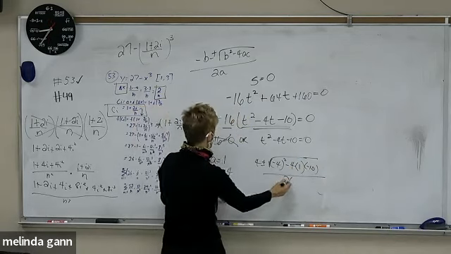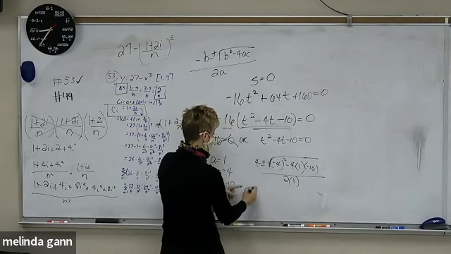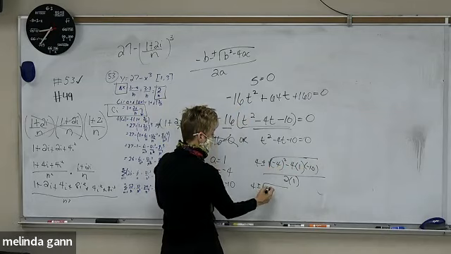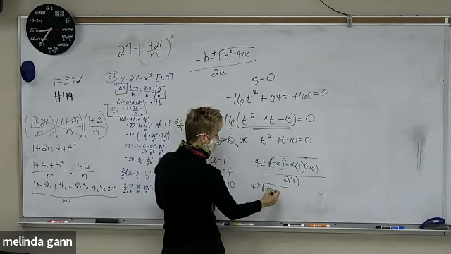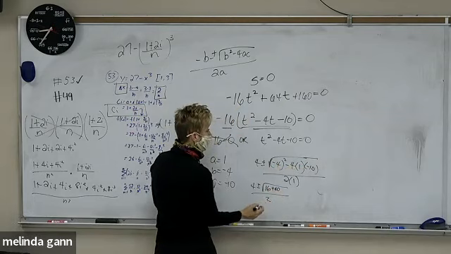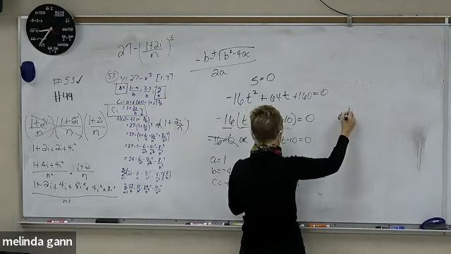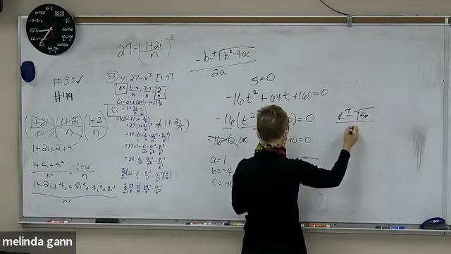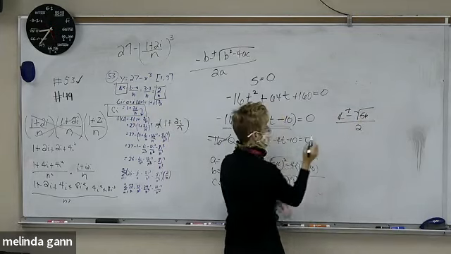So I've got 2 times 1. So I've got 4 plus or minus, now what's a -4 squared? 16. I'm gonna get not a -40, but plus 40, and all that's over 2. So I've got 4 plus or minus the square root of 56, all over 2.